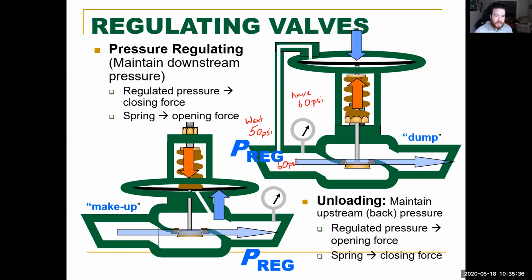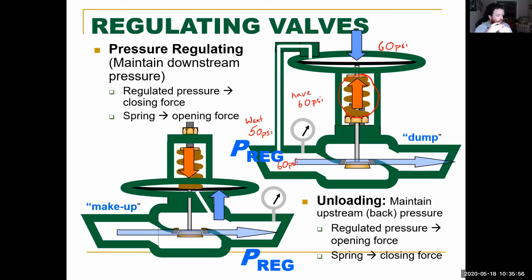So if we have 60 psi, 60 psi is going to overcome the set point of this spring, which is 50 psi. That's the force being applied. So 60 is greater than 50 psi.